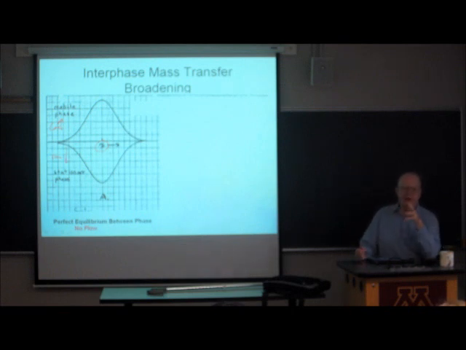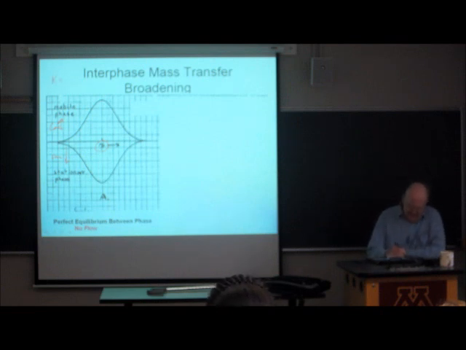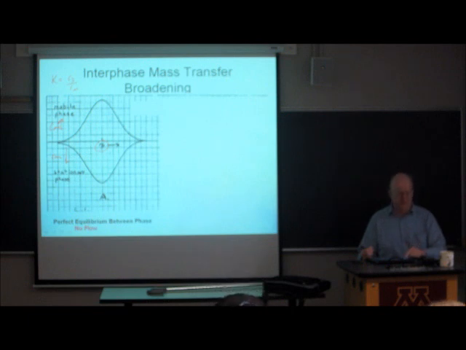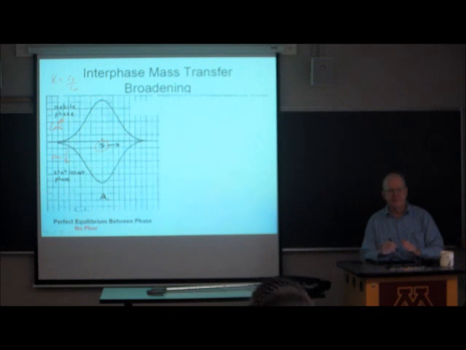If we have a linear isotherm at equilibrium, then CS equals K times Cm. This is the equilibrium constant for the transfer process. So the concentration in the two phases would be exactly proportional to one another. And that would have to be the case at equilibrium at every point in the stationary phase.